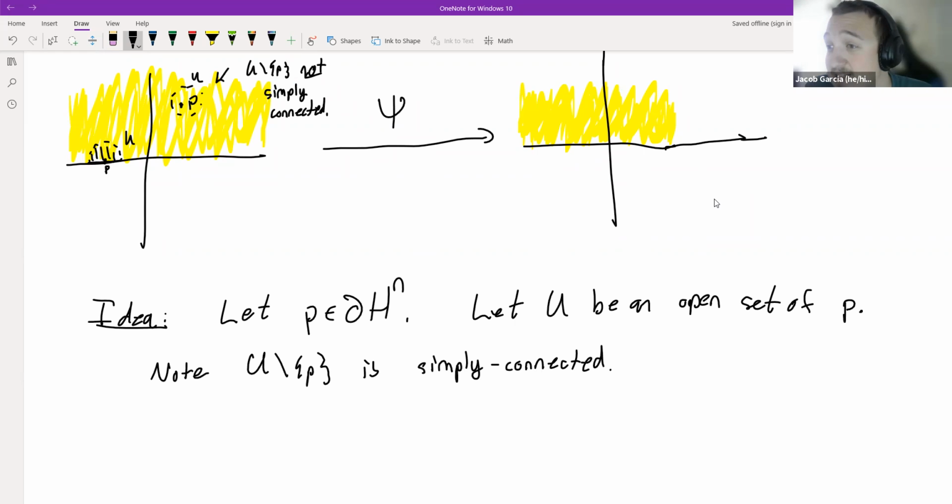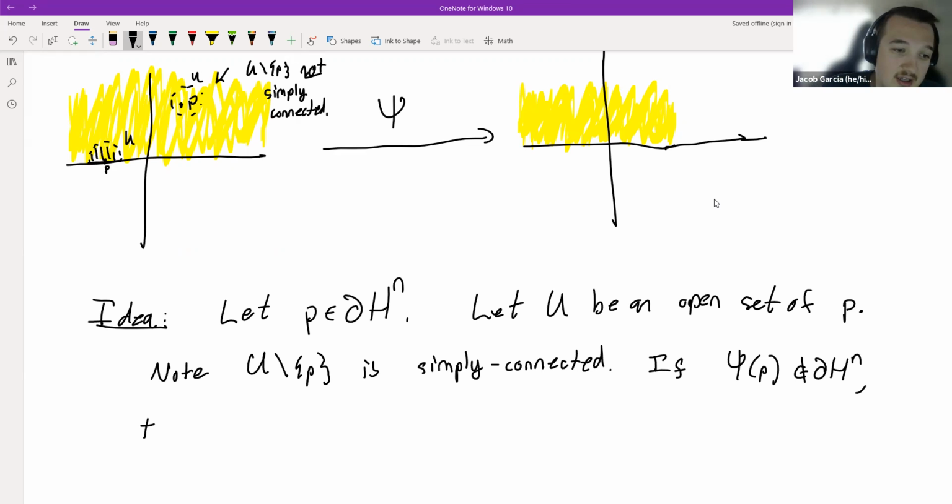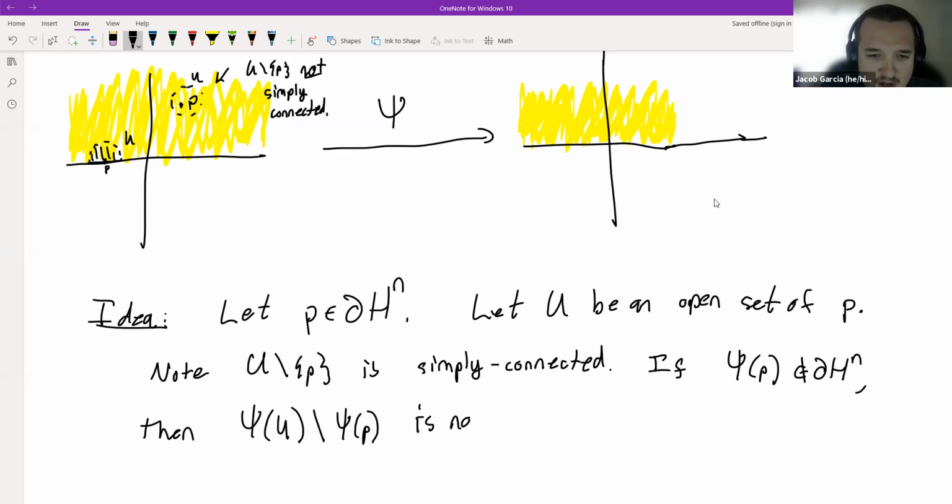And that's basically going to be the main idea, that if phi of P is not in this boundary, then you make an argument about how phi of U set minus phi of P is not simply connected.